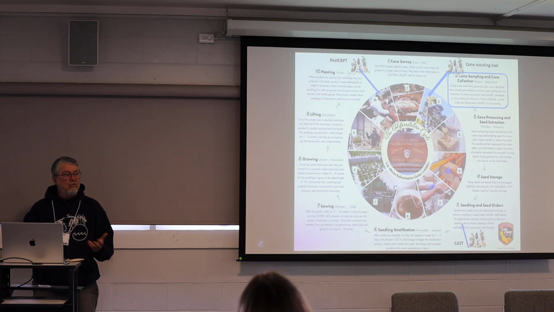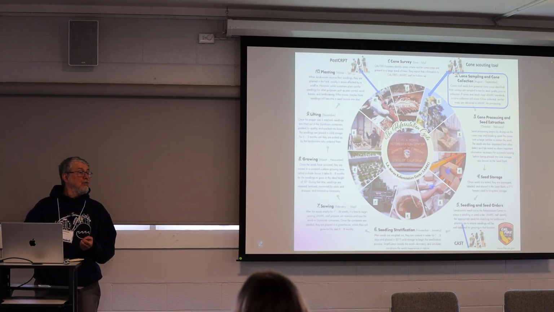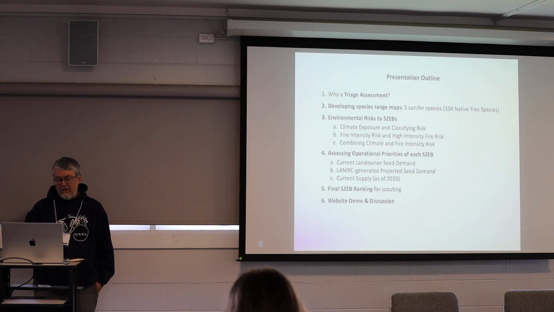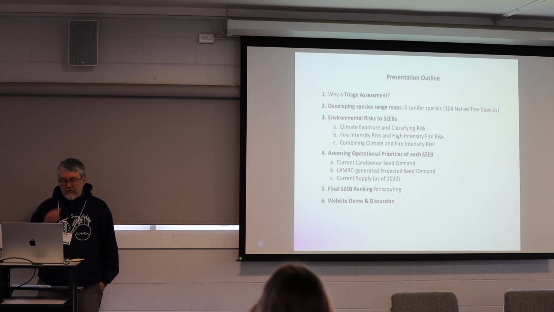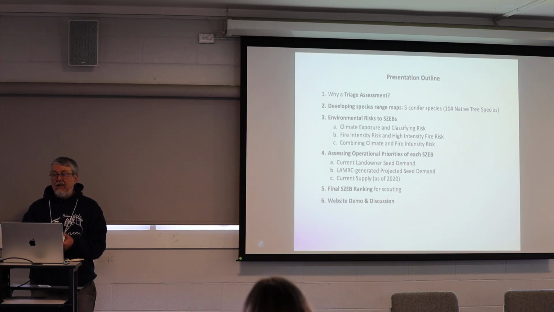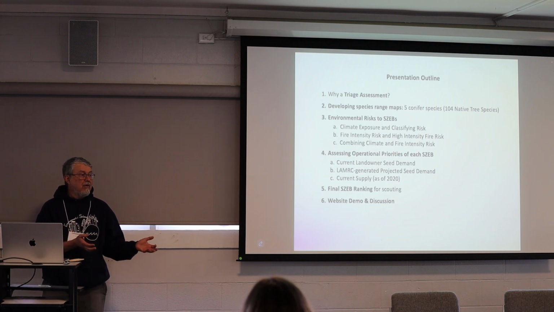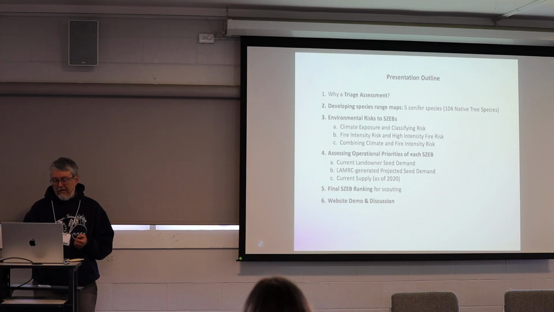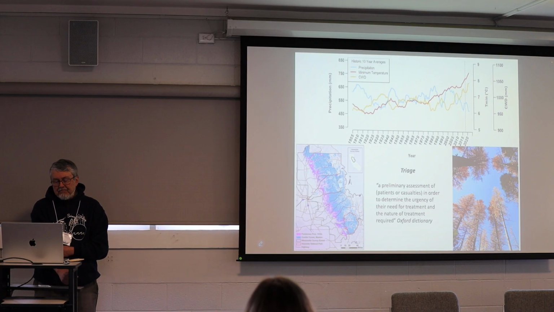So there's different tools that would come into different places. I guess the Seeds for Change would also be perhaps in the scouting or in the seedling and seed order phase. Well, why triage? And then developing the range maps, looking at the environmental risks, and then the operational priorities. So how do we integrate practice with risk, and then our rankings and a website demo if there's time.